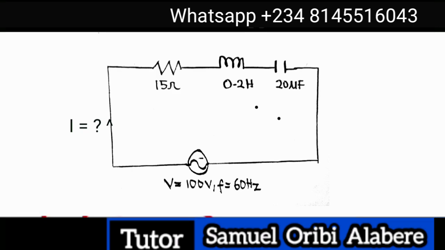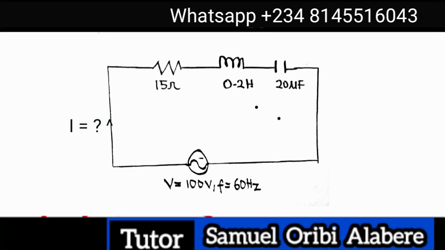We are given the resistance as 15 ohms, the inductance as 0.2 Henry, and the capacitance as 20 microfarad. It is important to take note that as we have an inductor and capacitor present in this circuit, we are expected to first find the inductive reactance, which is the opposition caused by the inductor in an alternating current circuit.